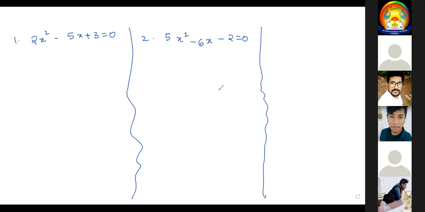And the third question, question number 3: 4x square plus 3x plus 5 equal to 0. I'm keeping some star mark on this question, meaning something is there in the question. That's why, while you are doing it, please start doing.